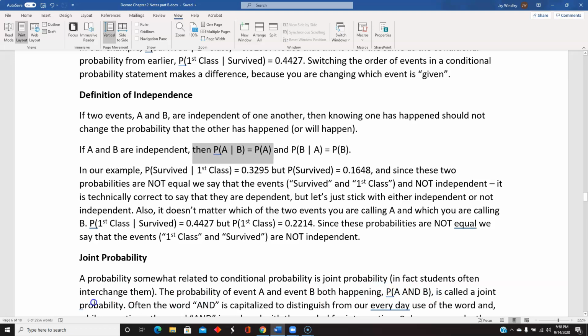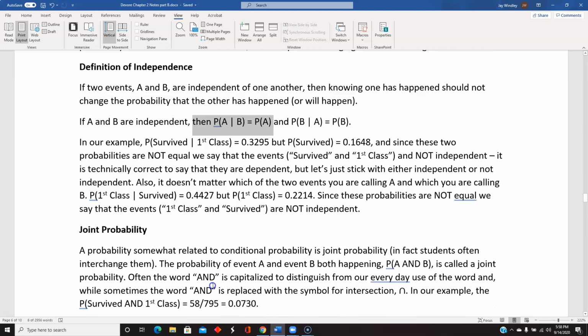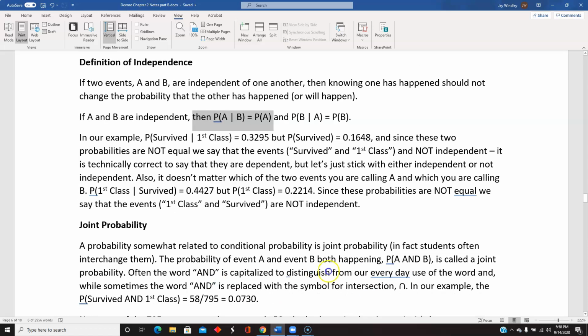A joint, as in a place where two events come together. Often the word AND is capitalized to distinguish it from the regular use of the word and. Also, sometimes to avoid confusion with the word and, you'll see the intersection symbol used.